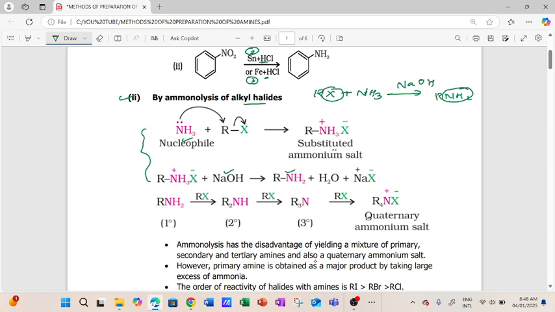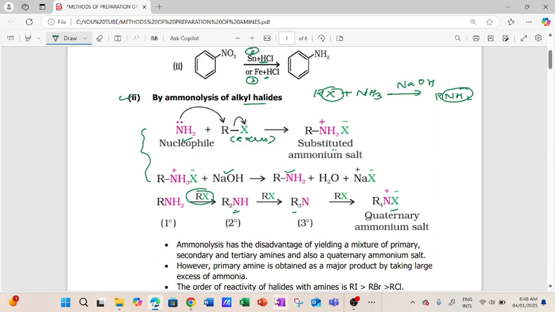But the drawback of the method is that when you do the reaction, you will get a mixture of primary, secondary, tertiary, and quaternary amines. Why? Because RX is in excess. After primary, it will change into R2NH, then R3N, and then R4N+ X-, which is a quaternary ammonium salt.